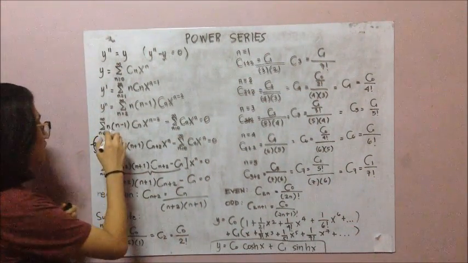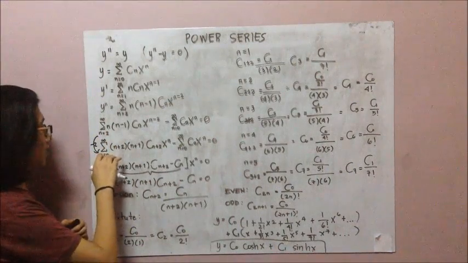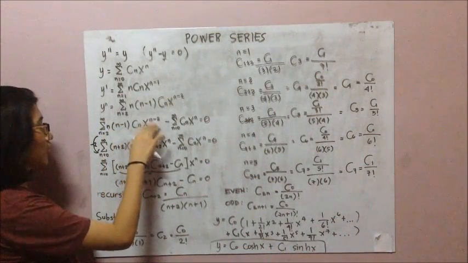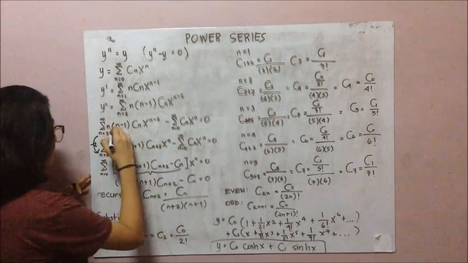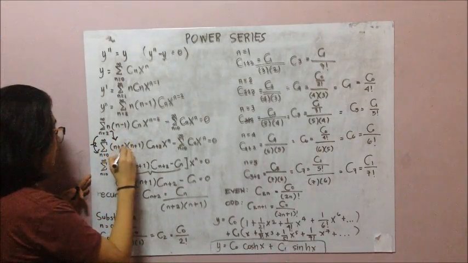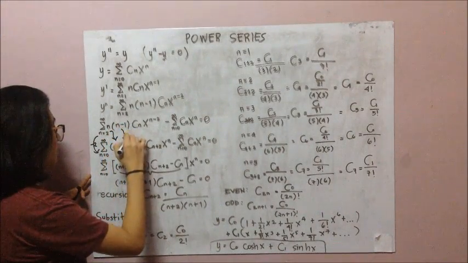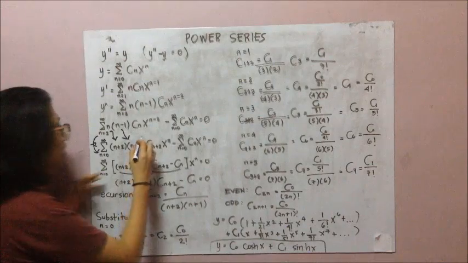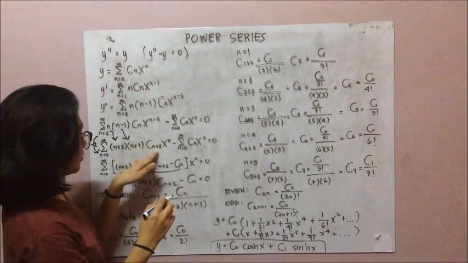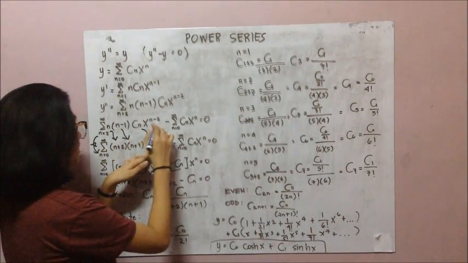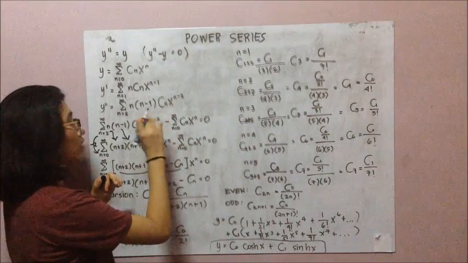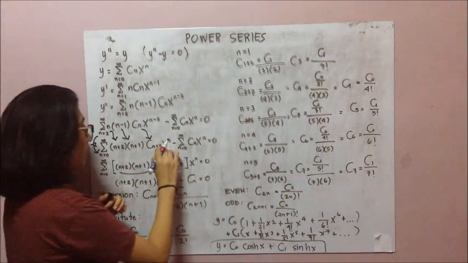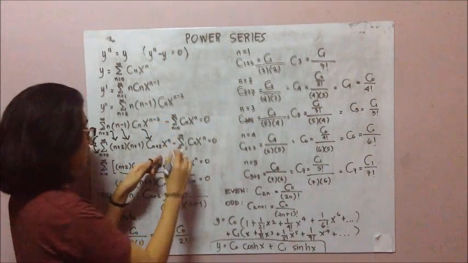Since we subtract in the index, in this expression we need to add 2. So n plus 2, and negative 1 plus 2 gives plus 1. So here we get c_(n+2). In this part we also need to add 2, so we come up with x raised to n.